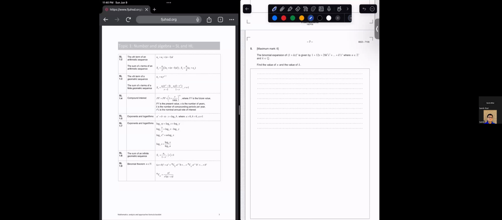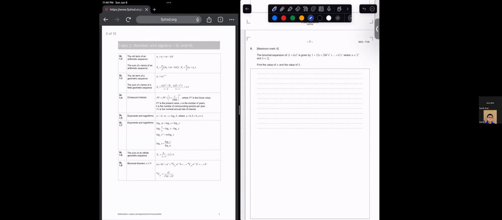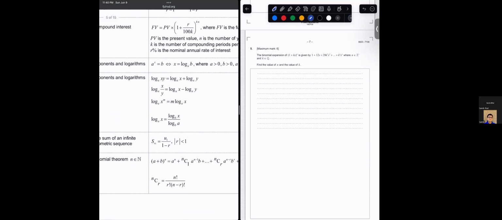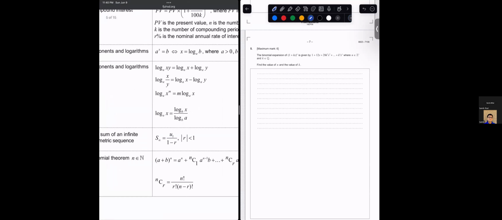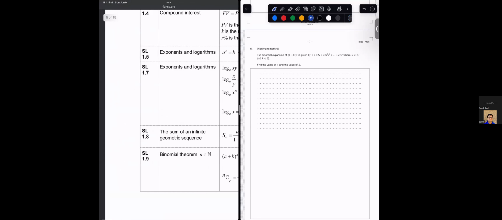So what I want you to think about first whenever a binomial expansion is given is these formulas right here. I pulled them up from the formula booklet, which is given in the exam, so you should use it wisely. It's subtopic 1.9 SL.